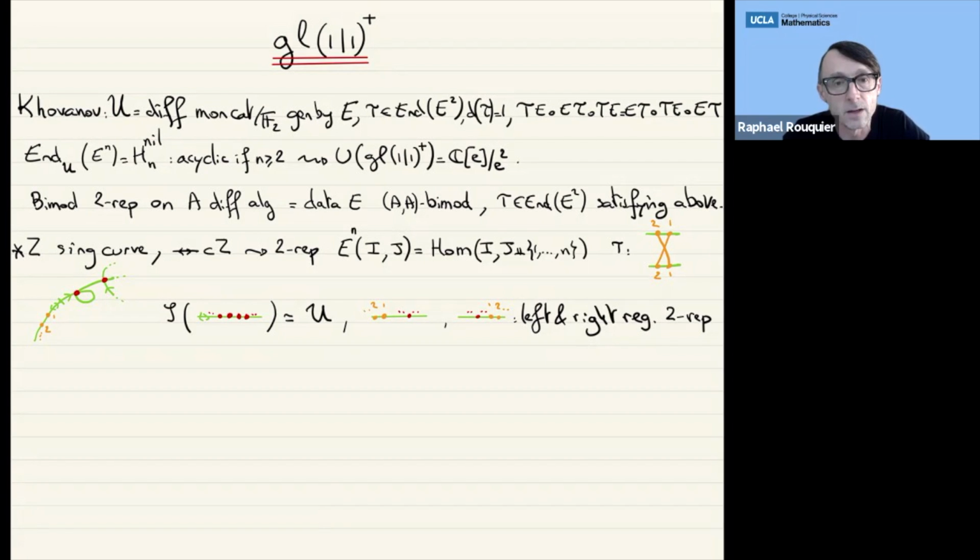And so our real line, there are 2 ends you could consider, the positive or the negative. So there are going to be 2 ways to give a 2 representation. And that's the same as what you would get starting from this monoidal category U. It acts on itself by left multiplication or by right multiplication. So we have somehow a more geometrical way, topological way to realize that.